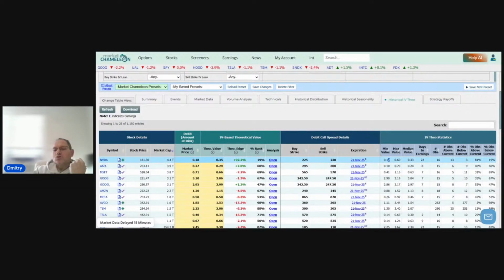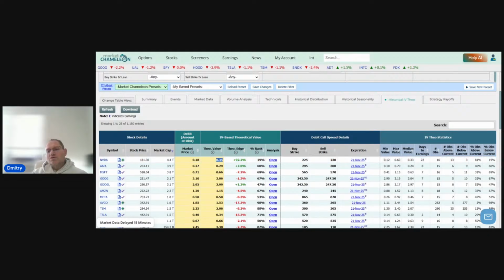On the low end, this was priced at 12 cents. On the high end, 60 cents, based on those, if we applied those implied volatilities. The median, half of the observations below 33 cents, half were above 33, right? And the average of all of them was 35 cents.